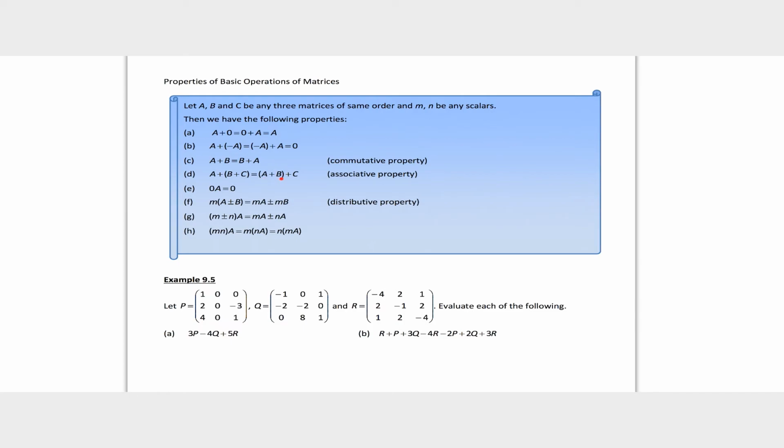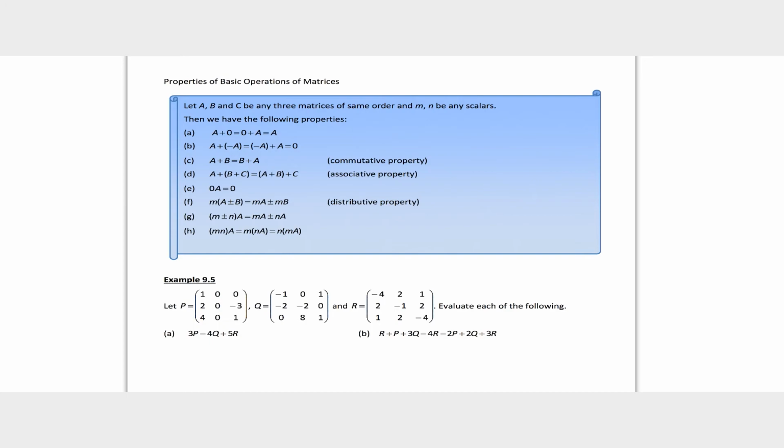This is called the associative property. This M we can distribute into the matrix, the distributive property, and also, if this is M plus N, we can multiply the matrix separately. And then if we have two scalars, we can calculate NA first or calculate MA first. They are equal.